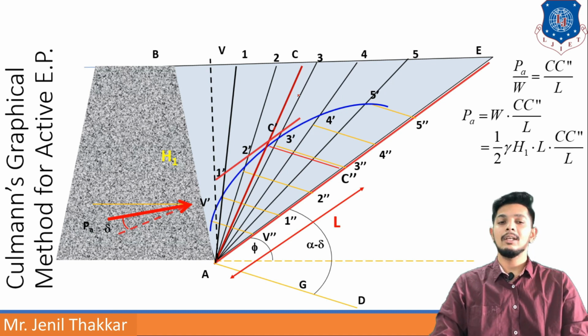So from area we can say 1/2 gamma into H1 into L. So that is basically area into CC double dash by L. Now L can be cancelled out, and we can write PA, the total active pressure force, as 1/2 gamma H1 into CC double dash. If we know the value of CC double dash, we can calculate active earth pressure from this graph.